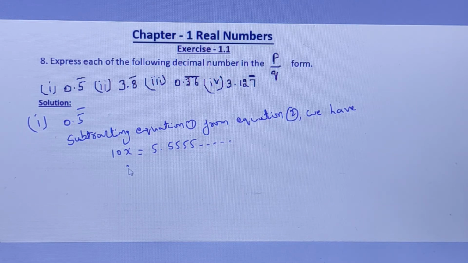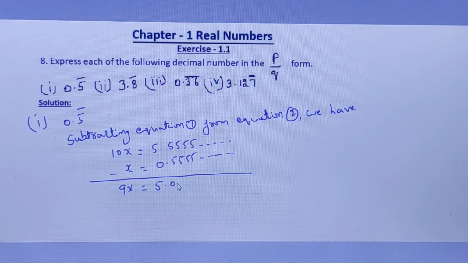And what is equation 1? x is equal to 0.555 and so on, right? So subtracting, 10x minus x is 9x is equal to 5 minus 0 is 5, and the decimals are 0 0 0 and so on. This implies 9x is equal to 5, which implies x is equal to 5 by 9.